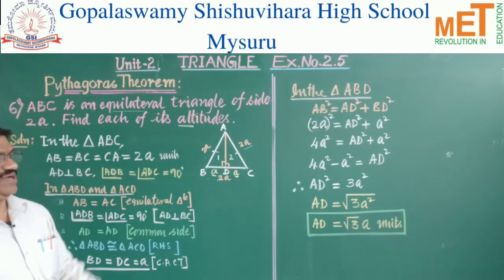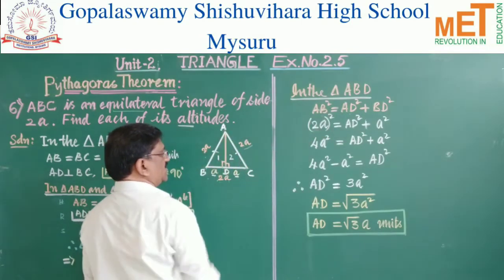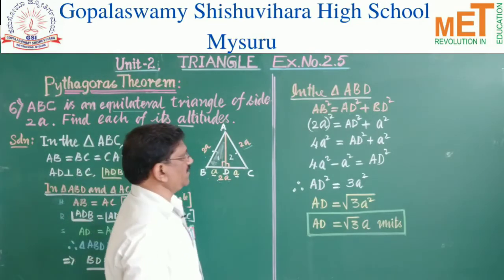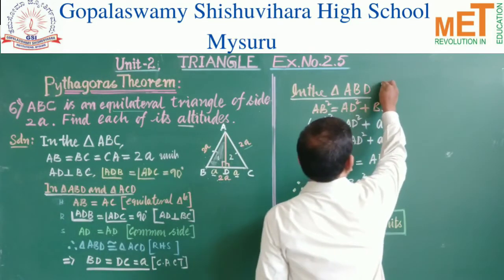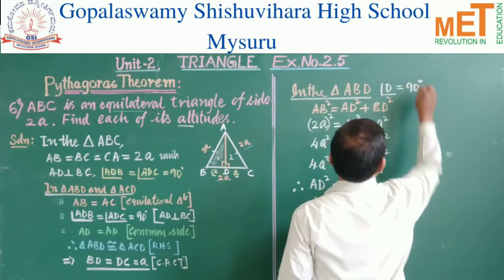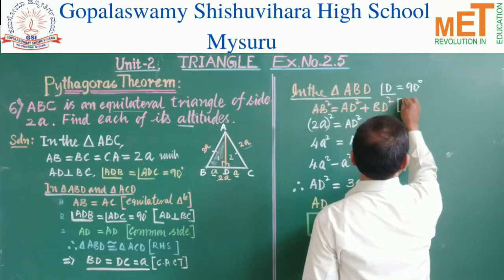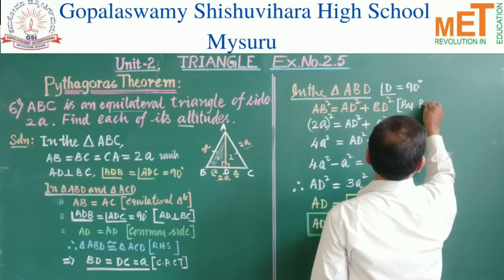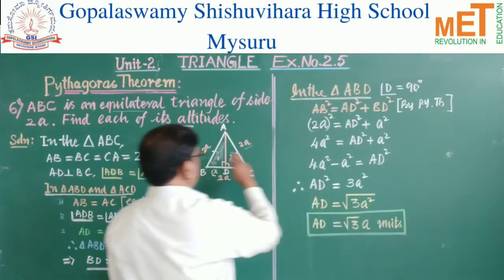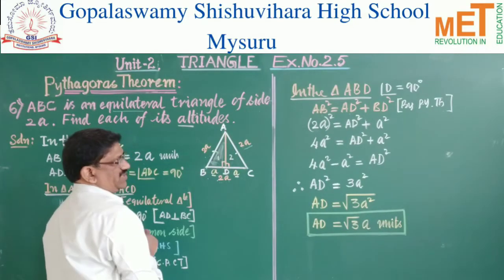I have taken ABD. In this triangle, since it is a right angle triangle ABD, we can write here that angle D is equal to 90 degree. Therefore we can apply Pythagoras theorem. We can write AB square is equal to AD square plus BD square.